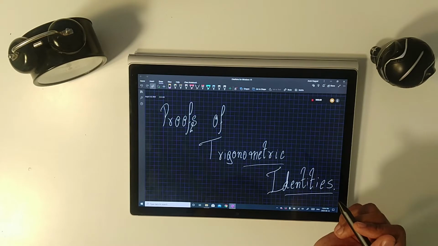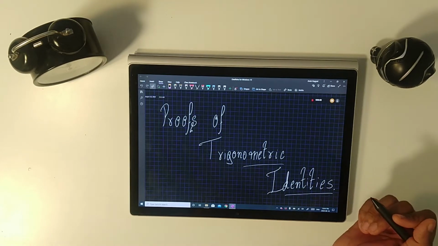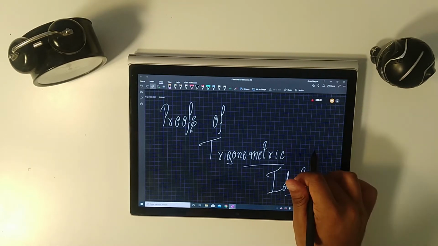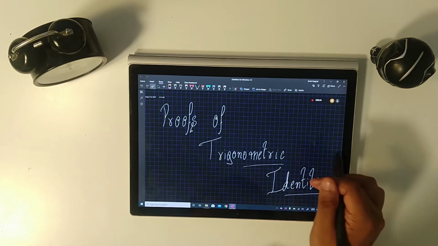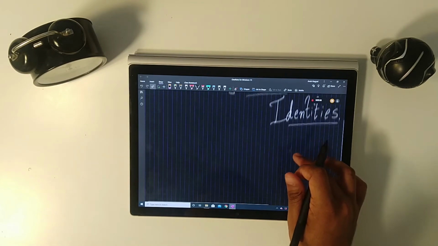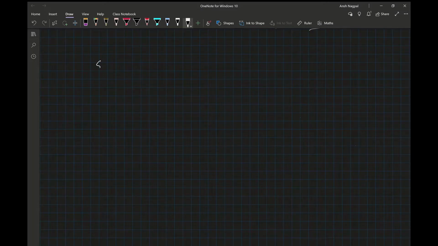Today we are going to be looking at proofs of basic trigonometric identities. The trigonometric identities we are going to take a look at are: sine square theta plus cos square theta equals 1.